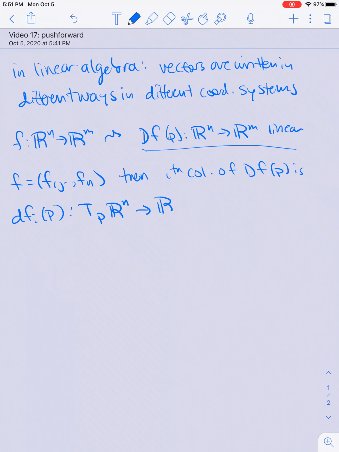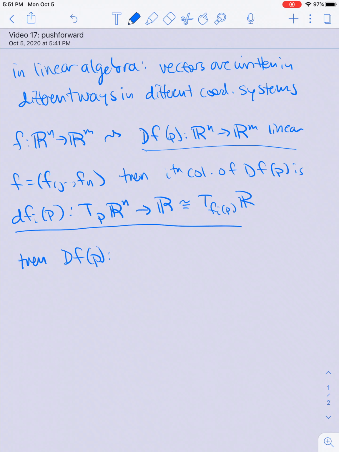And really, I should secretly be thinking of this R as identified with the tangent space at fi of P to R. Because if I do this, then when I stack up all of these maps into my Jacobian matrix, my Jacobian matrix should really eat vectors in TPRn, just like all of these dfi's do, all of its rows do, and should really spit out something in the tangent space to f of P of Rm, because there are m of these rows.